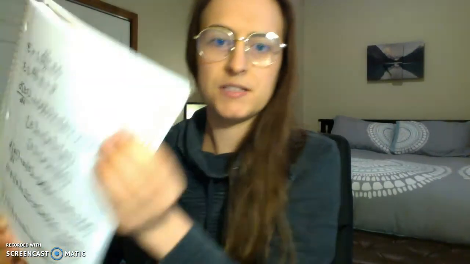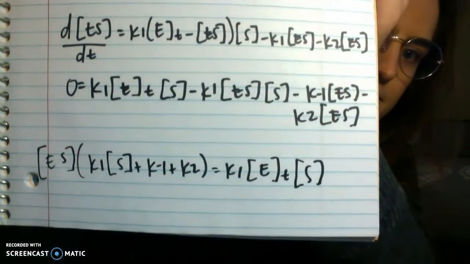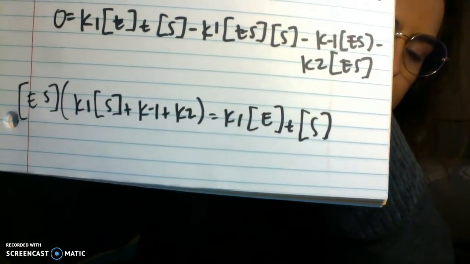Factoring out ES will give us this. Next, we'll just need to divide by ES. And that will give us what I'm writing now.